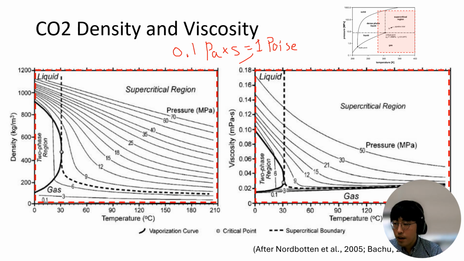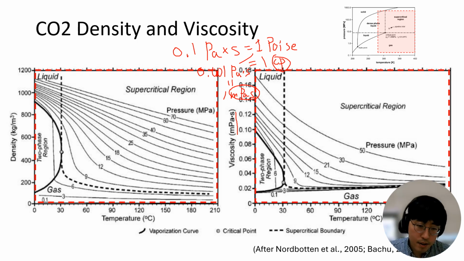And a centipoise is equal to 0.001 Pascal second, which is equal to 1 millipascal second. So we often describe a fluid's viscosity using the centipoise, which is identical to the millipascal second, and that's why the viscosity in the current figure is given in millipascal second.